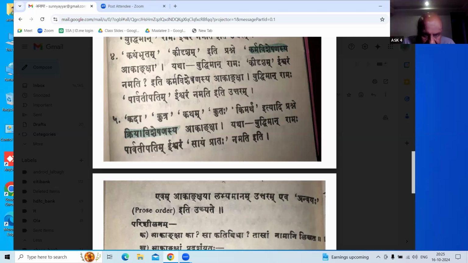Yatha, as an example, Buddhiman Ramaha Parvati Patim Ishwaram Sayam Pratah Namati iti. See, Namati is the verb. Does that verb have any other attributes? A verb means it's an action, and then we find out when this action is going to be done.